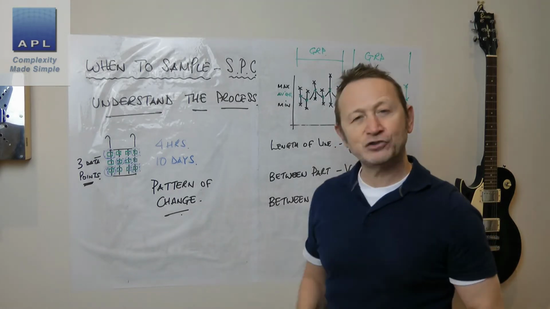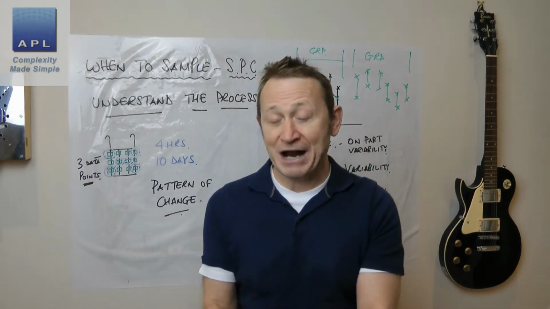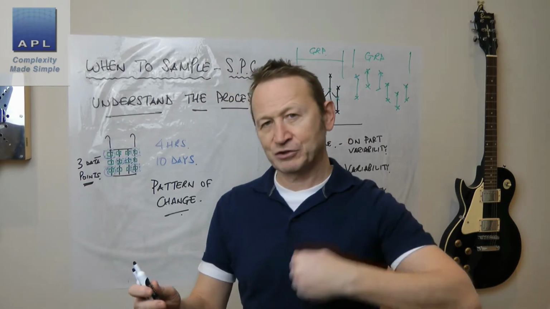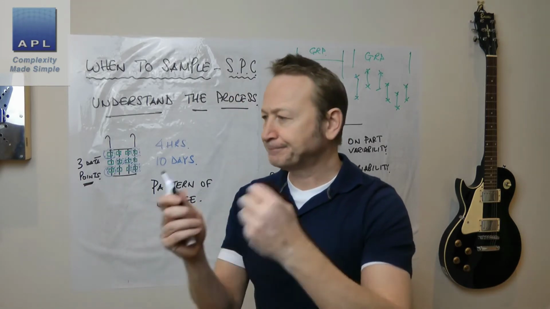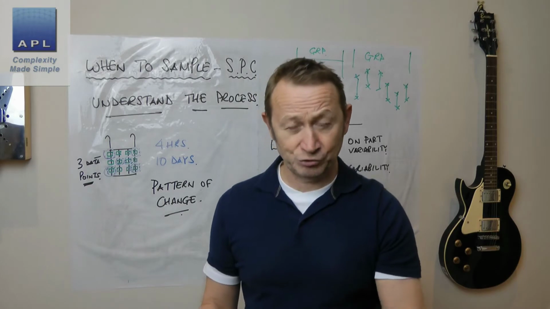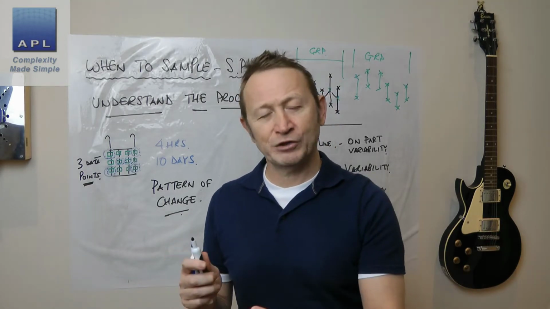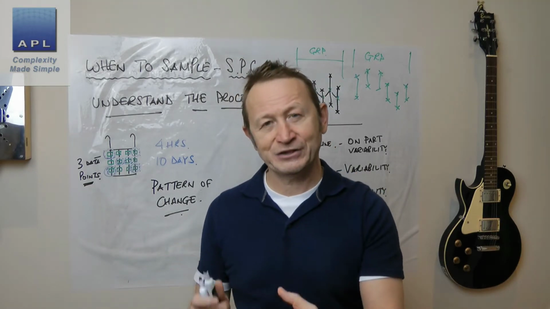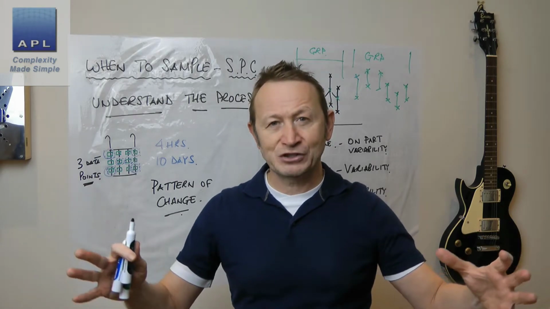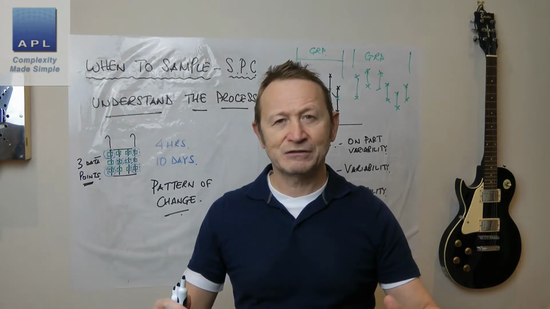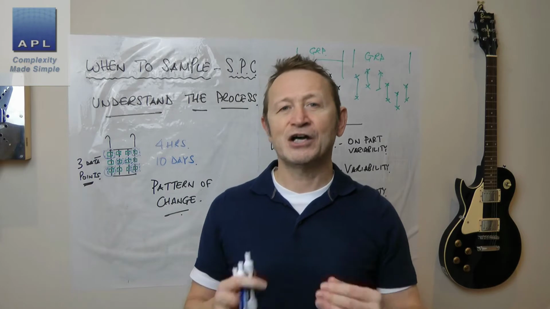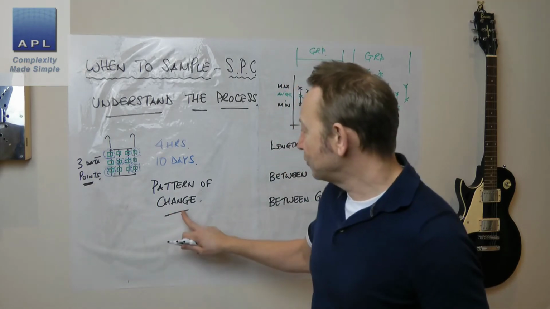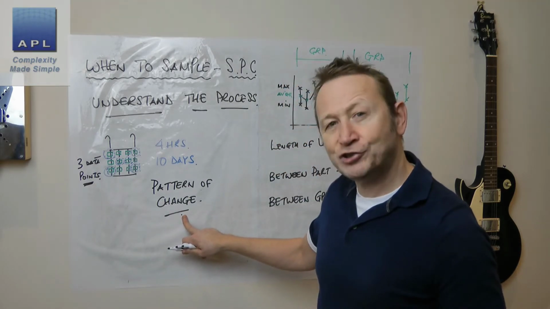The pattern of change could be natural to the process. So in other words, the plating solution, if you do not have an automatic way of refreshing it, is getting slightly weaker as you use the process. So you're going to see a pattern of change.